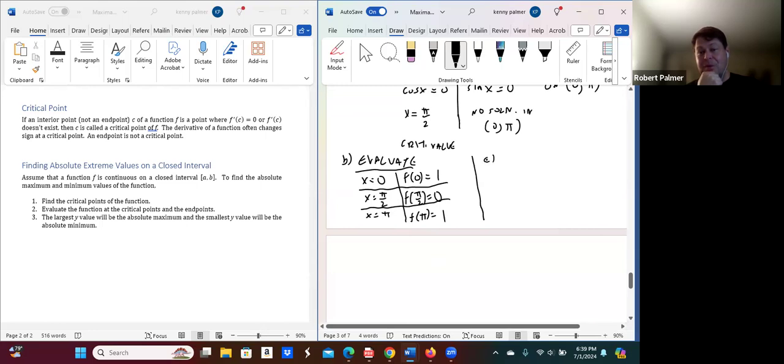And then finally, part C is basically find your absolute maximum and minimum value. So once again, we have two absolute maximum values at x equals 0 and x equals pi, and we just have one absolute minimum, and that is at x equals pi over 2. And that's what we saw in our graph. Let's look back at our graph really quickly.